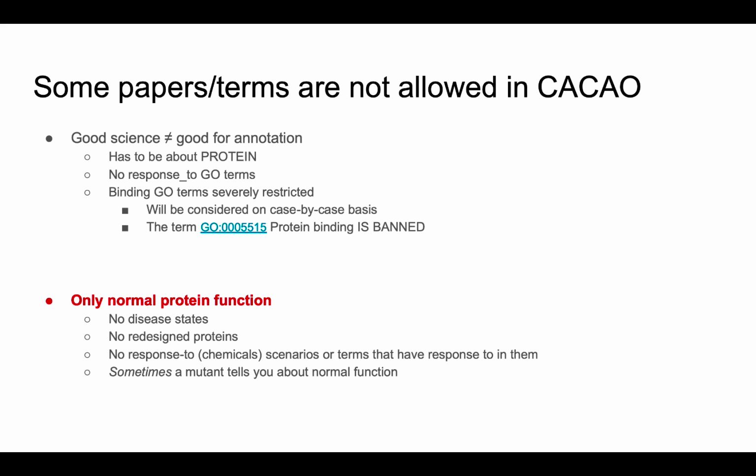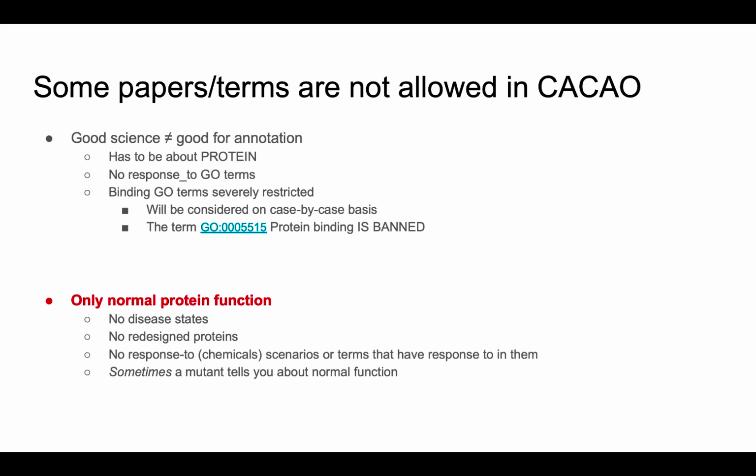Also, sometimes people will be doing a study and they'll say, okay, when we treat these cells with this compound, then all this stuff is true. In that case, it's because they treated the cells with this compound. It's not necessarily what would happen normally. So we generally don't allow you to use GO terms that require it to be in response to some treatment.